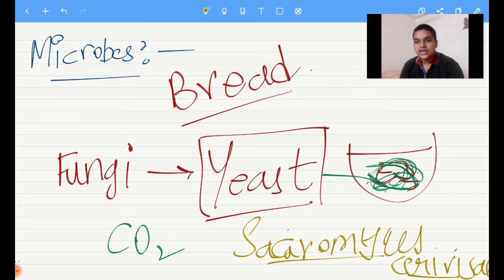And the scientific name of yeast, which is used in both processes, is Saccharomyces cerevisiae. And the yeast which is used in bread making is commonly called baker's yeast, and the yeast which is used in the brewing industry is called brewer's yeast.